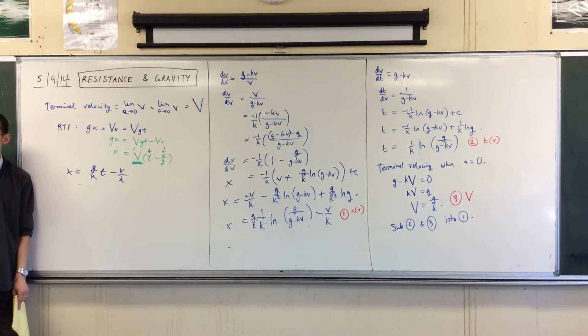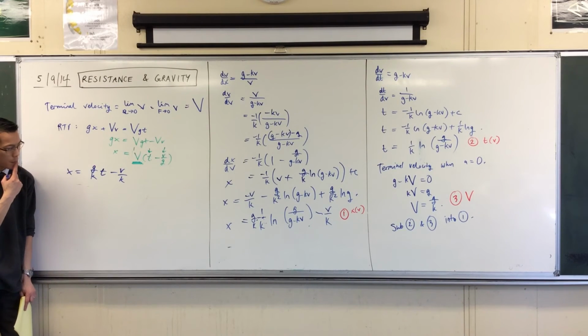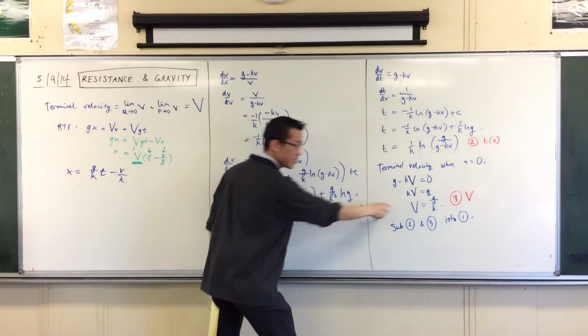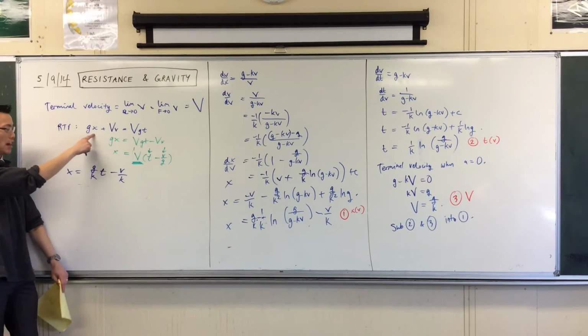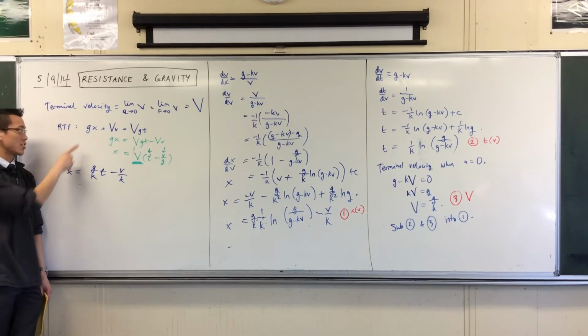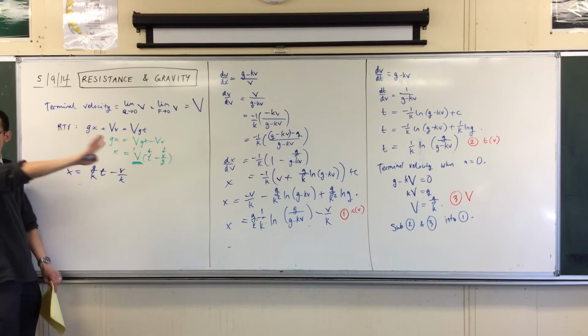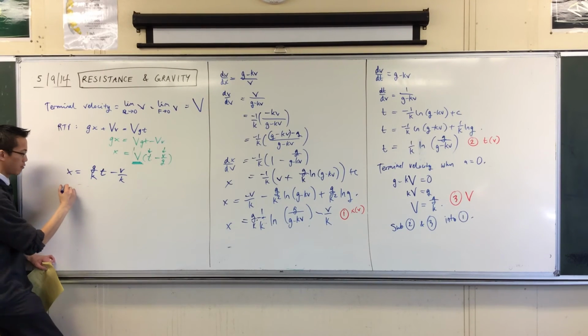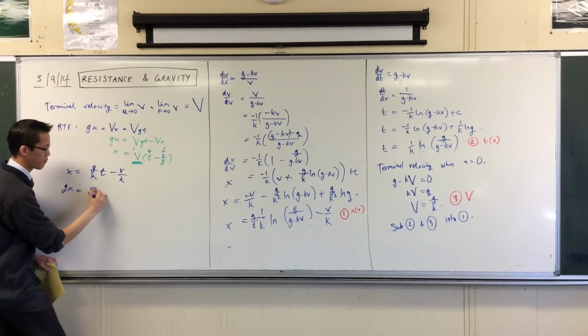I need to bring in the terminal velocity. How will I do that? I need a few more g over k is in there because that's what the terminal velocity is, right? And when you look at this final line, oh look, I don't want x actually, I want gx. So I'm going to multiply everything through by gravity, okay? Gravitational constant, I should say.